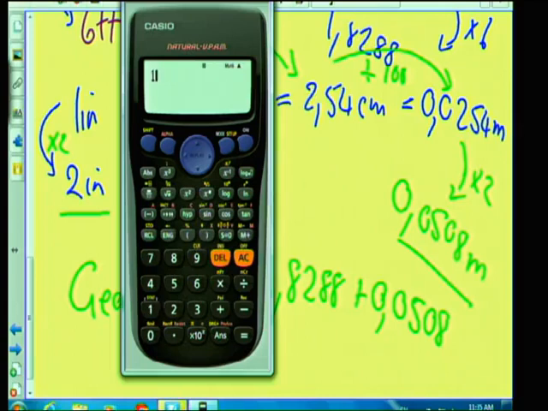Let's do it again. Make sure you get your commas in the right place. 1.8288 plus 0.0508 equals 1.8796 meters.